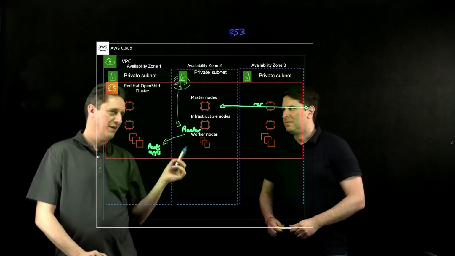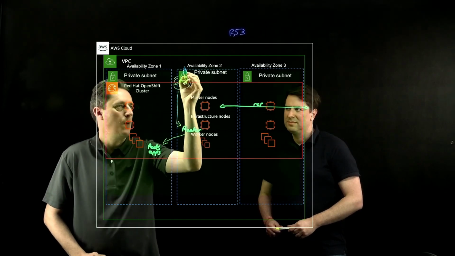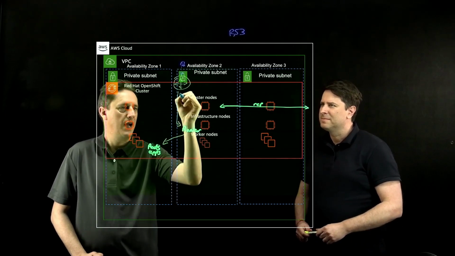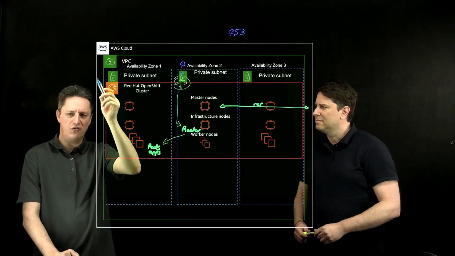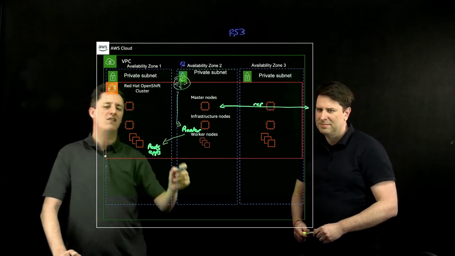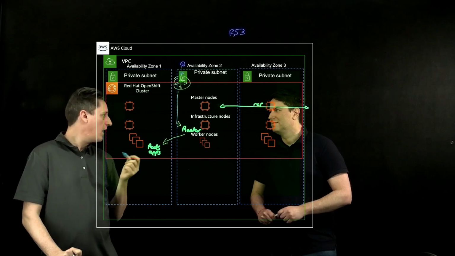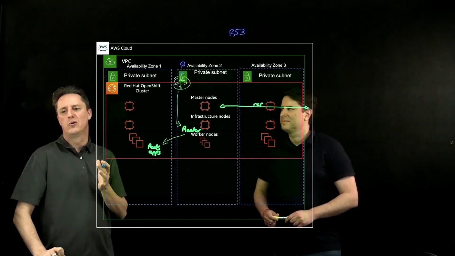But what you've done here is very cool. Traffic comes into my load balancer and it goes to the OpenShift router layer. The OpenShift router layer has no construct of these availability zones. So it simply takes that customer connection and sends it on to one of the available compute nodes.